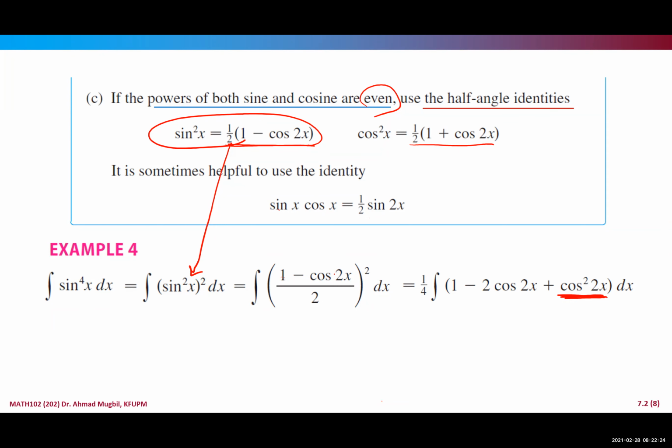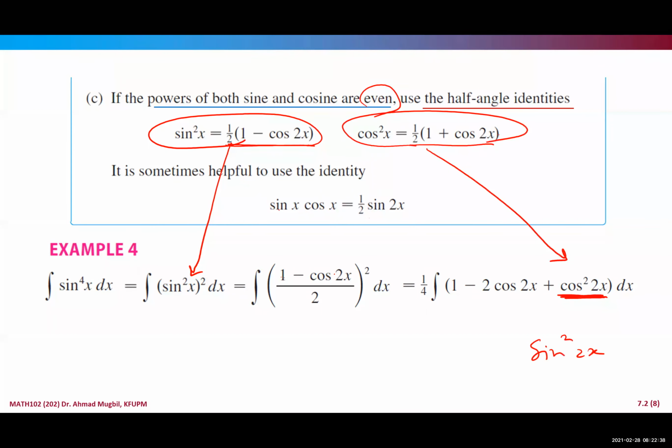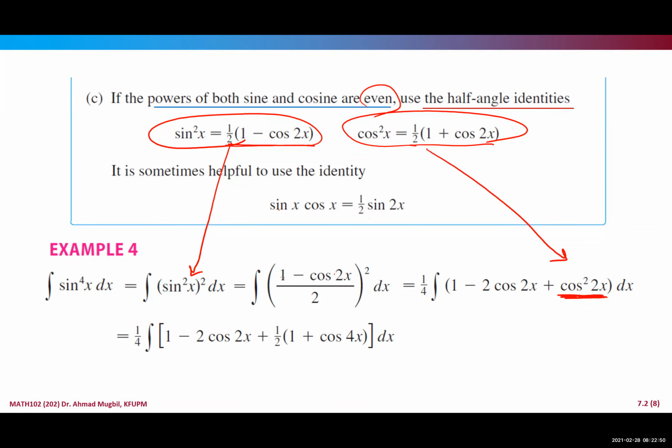What is the benefit? The same question, how to integrate sine squared 2x. Doctor, we can use the identity. Yes, you use this identity, half times. But here you have 2x, so here you will have 4x. So this is what we are going to do in the next step. We will delay the integration and just integrate at the end.